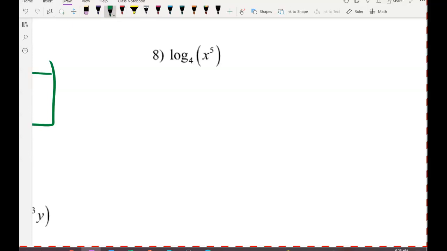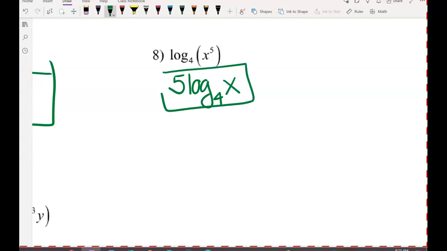Where do you think it's going to go? Yes, so tell me what to write, please. 5 times log of... that's right. That's it. Okay, box it up, just like that.